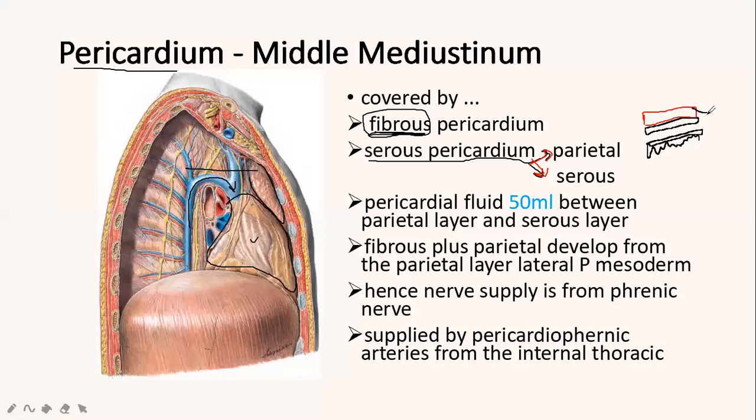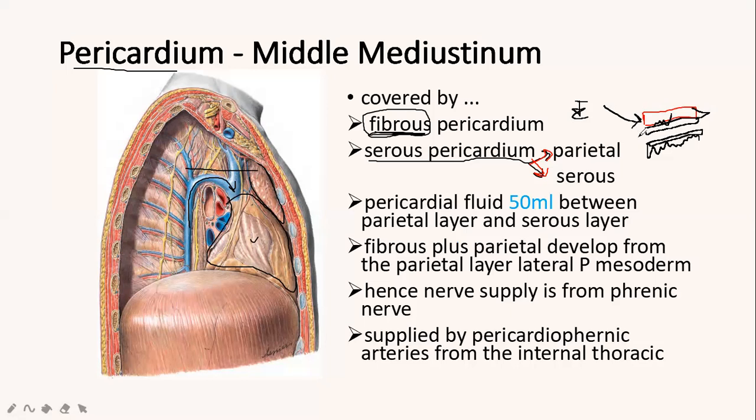These two layers, the fibrous pericardium and the parietal layer of serous pericardium, are tethered together, in direct contact. So the nerve supply is the same, the blood supply is the same, and even the embryological derivation is the same.